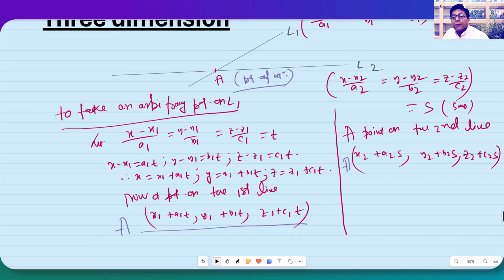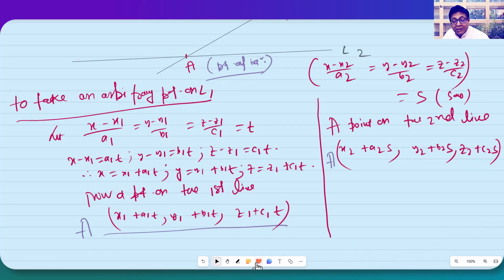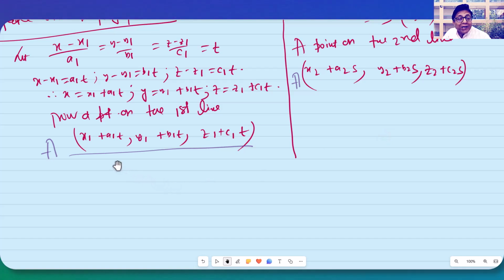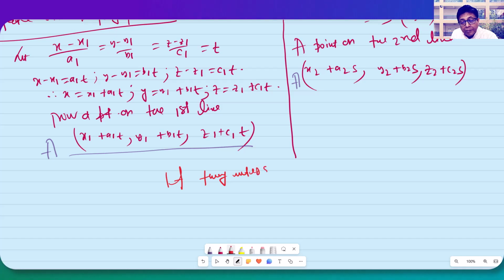So, to find the point of intersection, what to do here? We imagine that a point on the first line is of this form, and a point on the second line is of this form. If they intersect, then A is the common point.